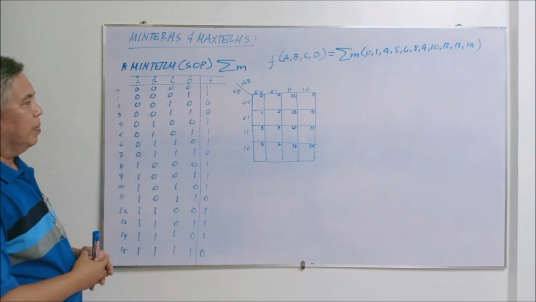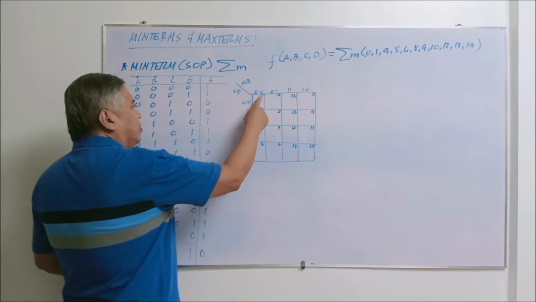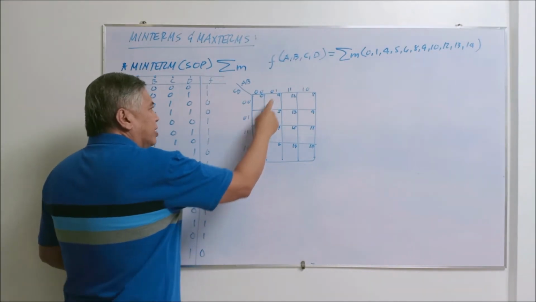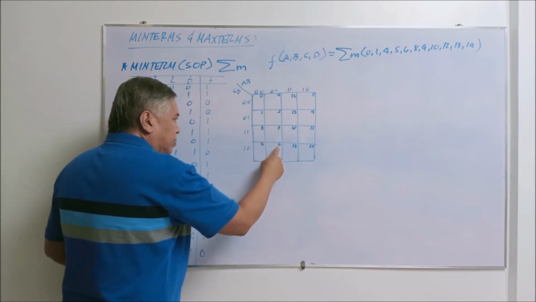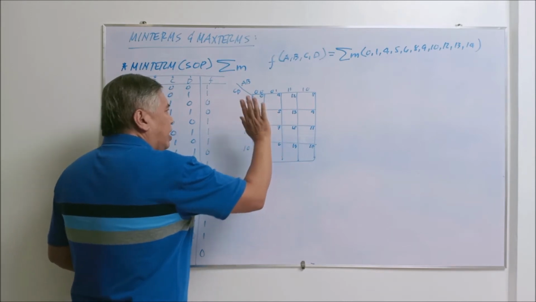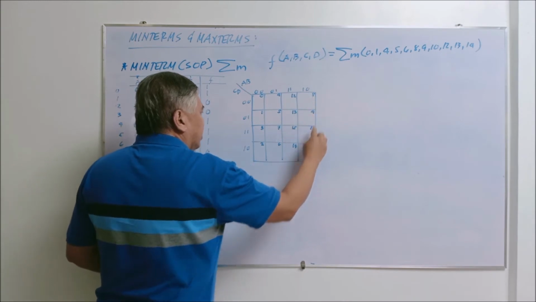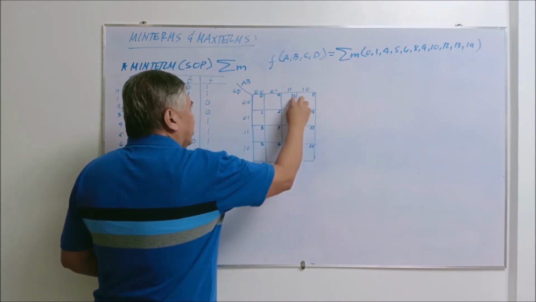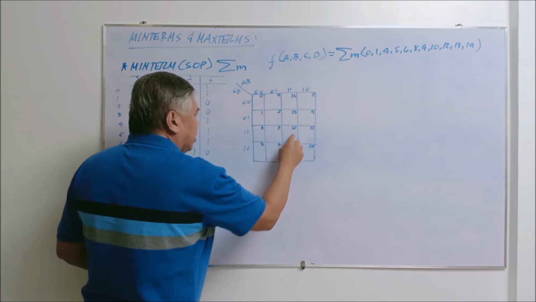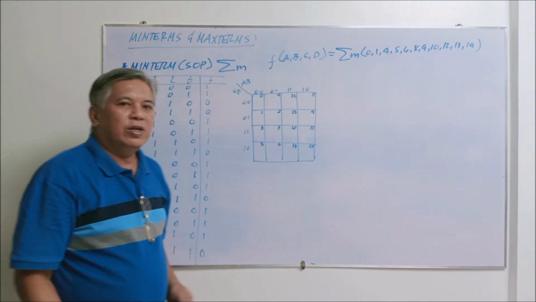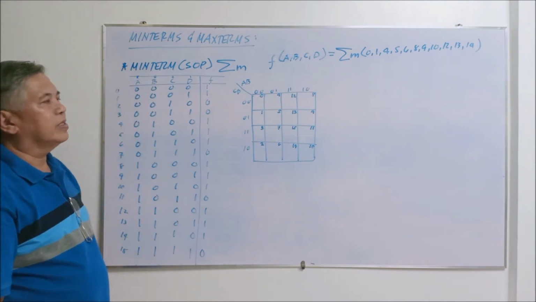So again, this is 0, 1, the 2 is down, 2, 3, then 4, 5, 6 is down, then 7, then 8, 9, then down, 10, 11, then 12, 13, down, 14, 15.